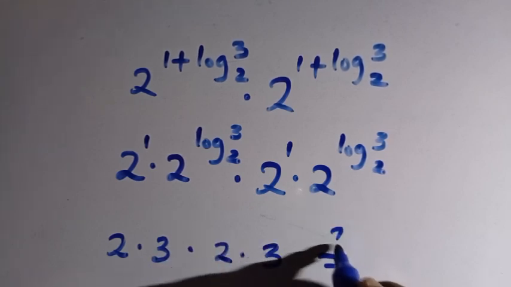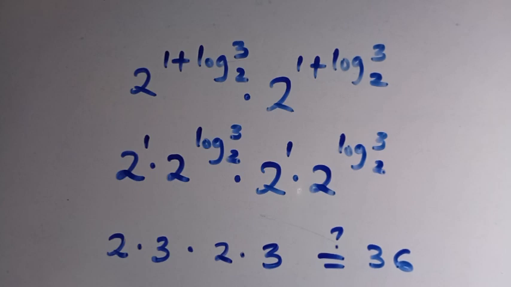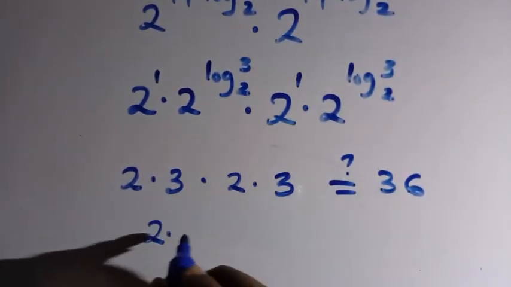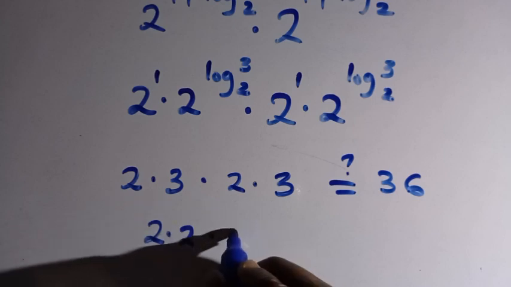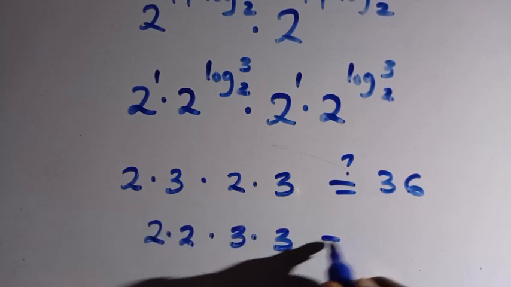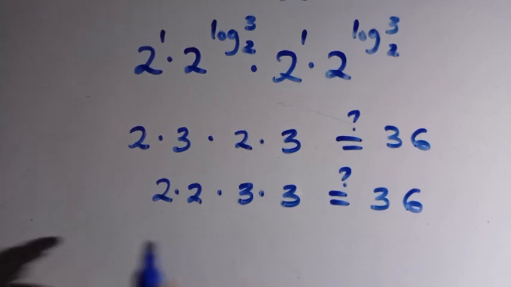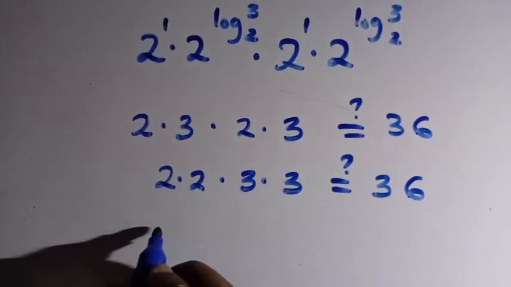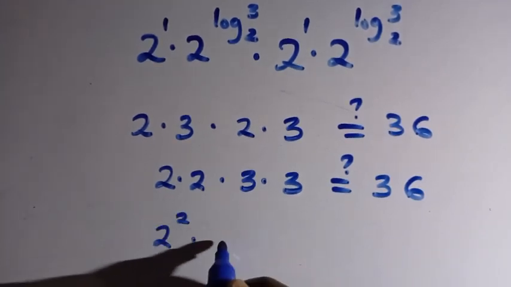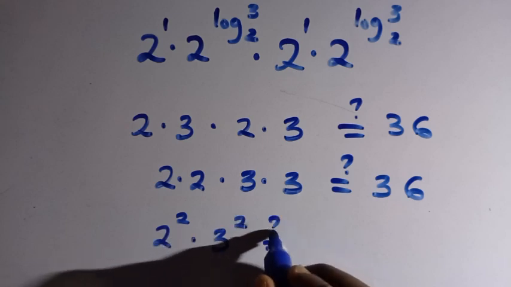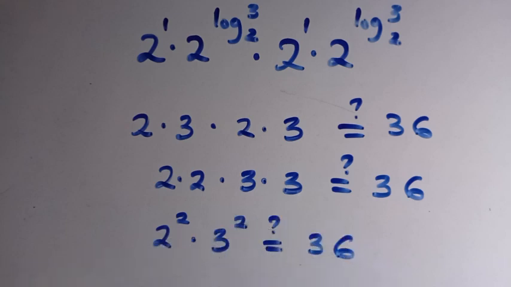We want to show that this equals 36. So 2 times 2, multiplied by 3 times 3. That is 2 raised to the power of 2, multiplied by 3 raised to the power 2, equals 36.